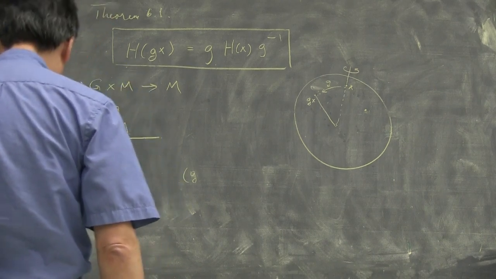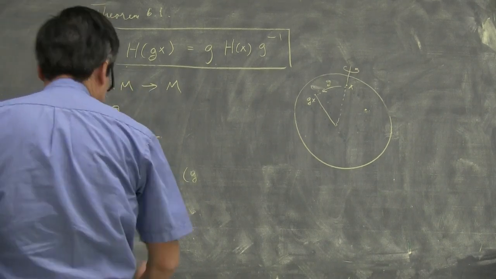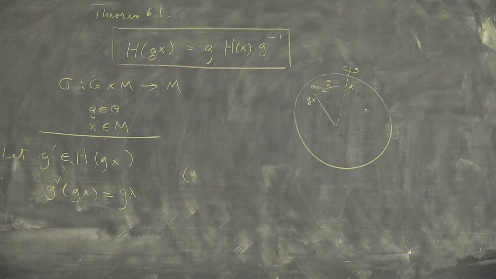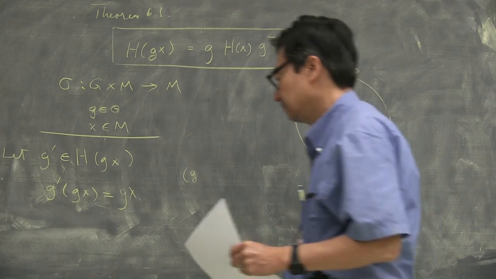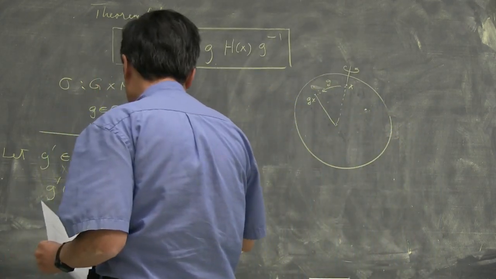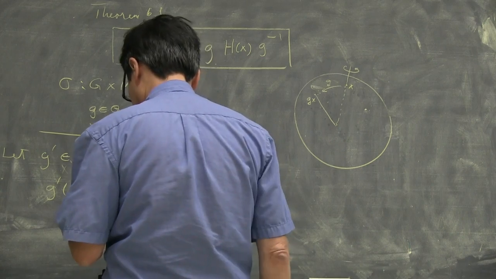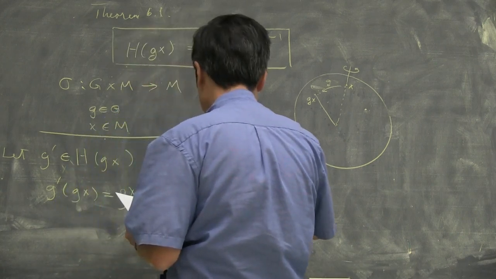So then I could write this as, get rid of the bracket sign, g prime gx is equal to gx.